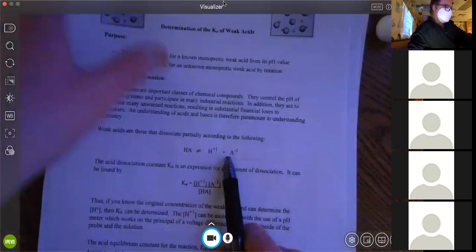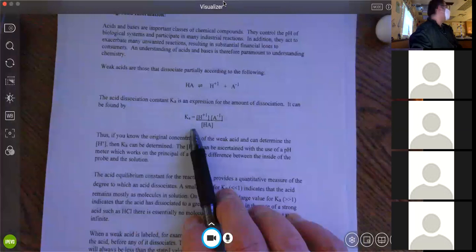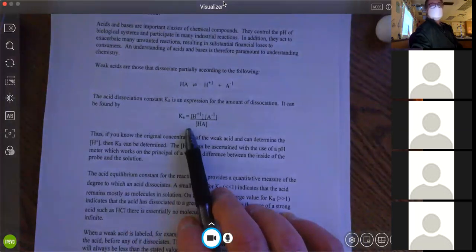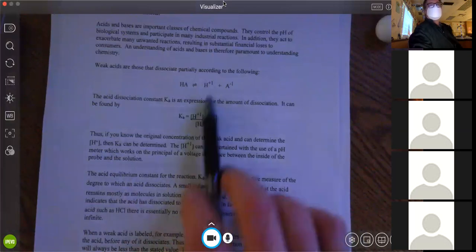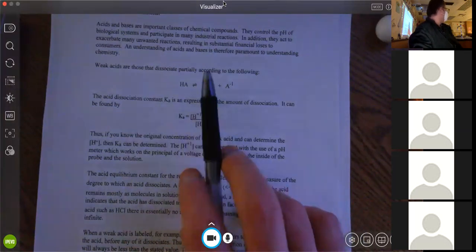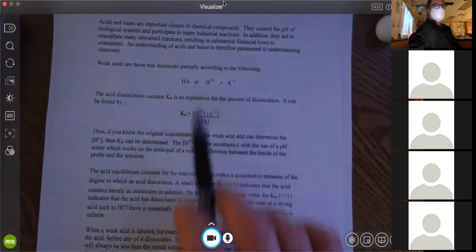They ionize based off of what we call an equilibrium constant. That equilibrium constant for acids is called the Ka. Again, just like every equilibrium constant, it is products over reactants, where one of the major products that you're concerned about is the proton concentration, or the hydrogen ion concentration, whatever you want to call it.